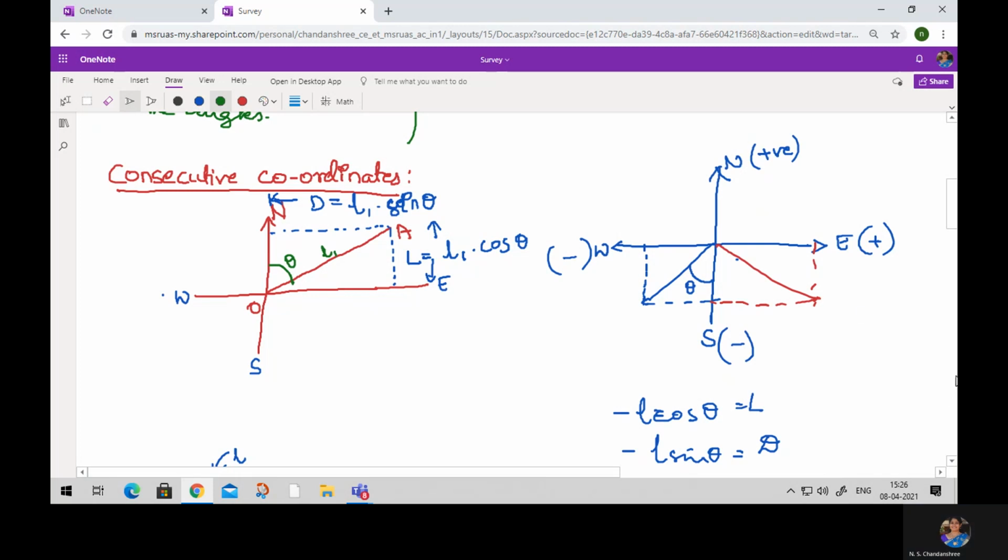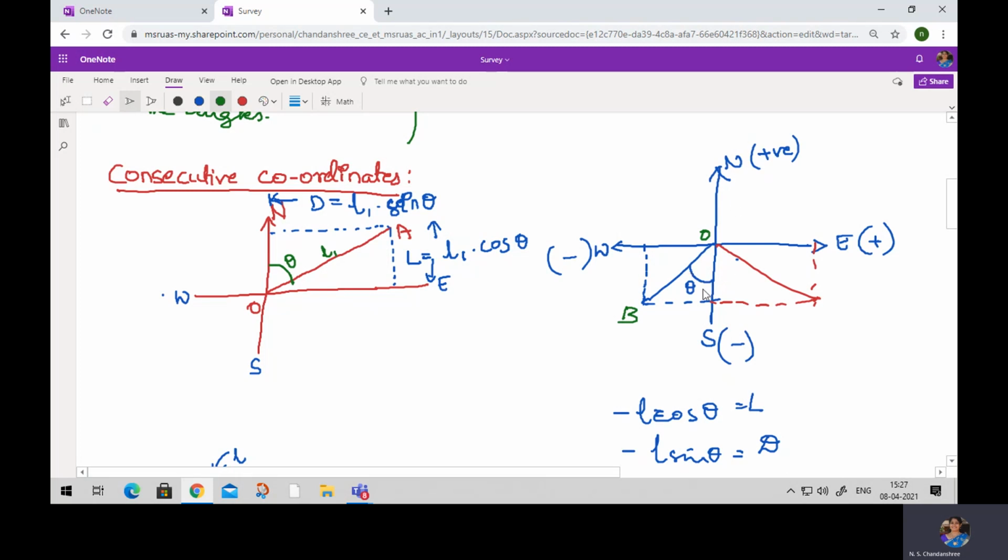Now, for example, let us consider the line OB, which is in the third quadrant. As I told you, the angle is always measured with respect to the principal axis, that is the north-south direction.